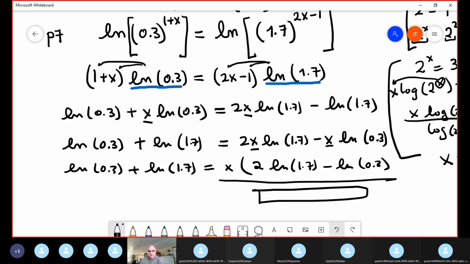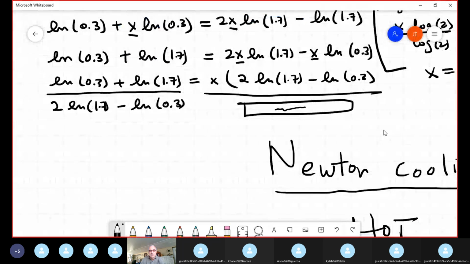I don't want to copy again, no? So inside the box, using your imagination, I copy this. But here I want to copy 2 ln 1.7 minus ln 0.3. Okay, almost we finished.